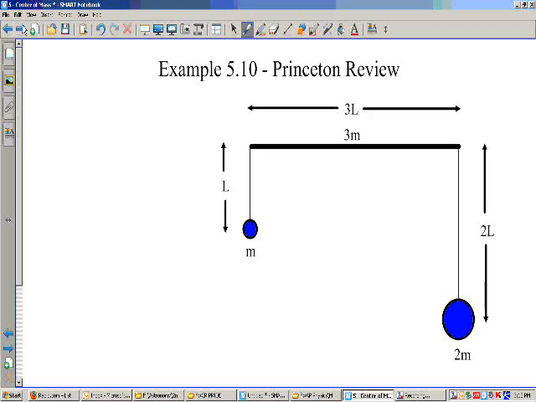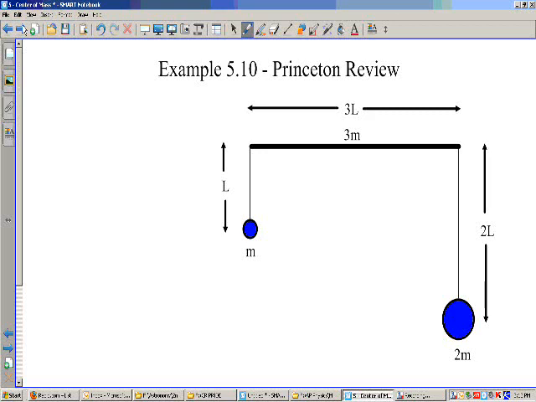I've got 3 masses. I've got a sphere of mass m, a sphere of mass 2m, and a bar of mass 3m, and L, 2L, and 3L are my distances there. First thing I need to do is pick my arbitrary origin point, my arbitrary reference point.